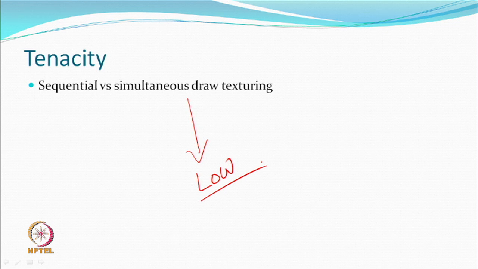We did say that, well, tenacity is not an important thing, but you suddenly find that almost every material that you produce is poor, then you have to worry about it. So, if you have so many problems coming in a sequential draw texturing, then you say this is not the process that you want to adopt.